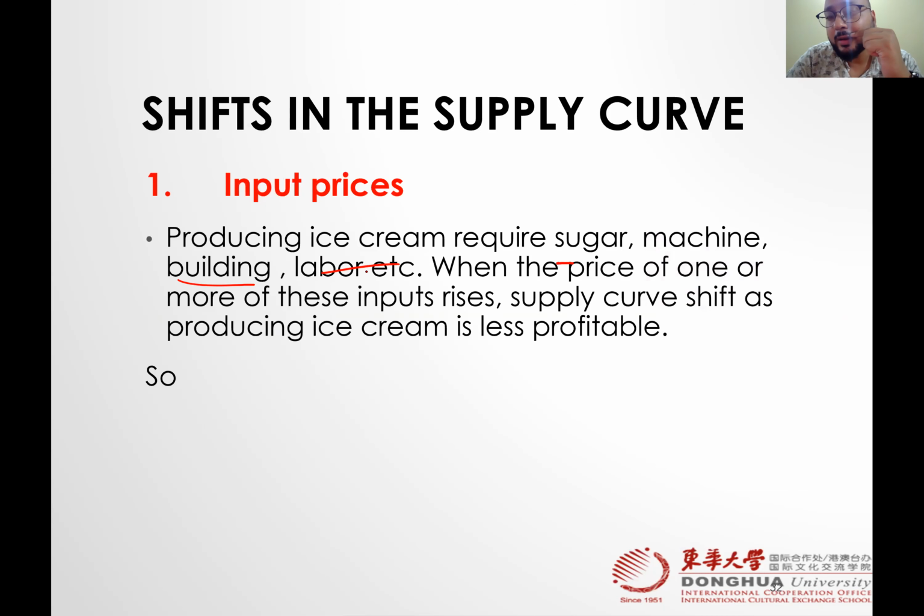So as a supplier, would you make more products when you have less profit, or would you make more products when you have higher profits? So when the price of one or more of these inputs rises, the supply curve shifts, as producing ice cream is less profitable. The price of ice cream is the same.